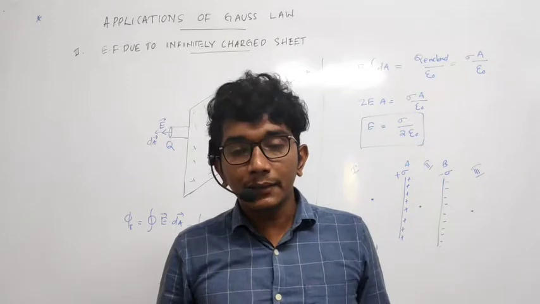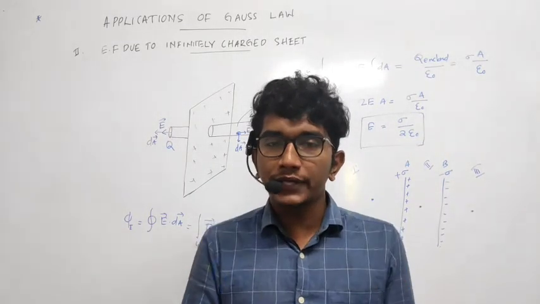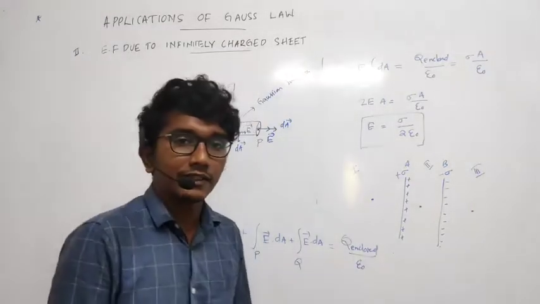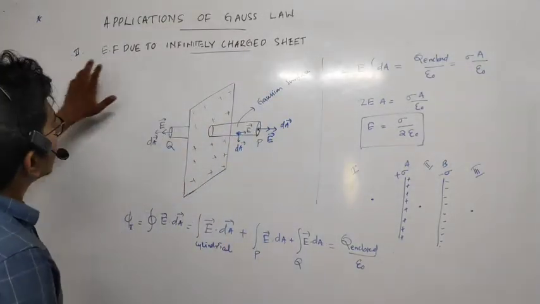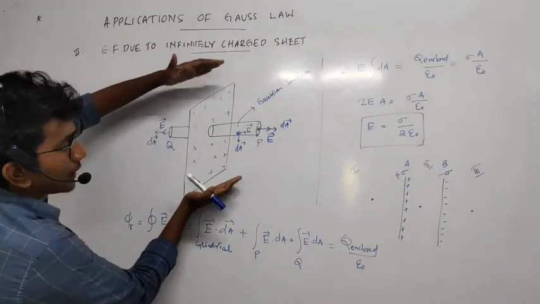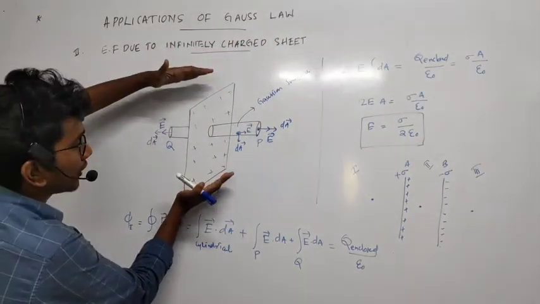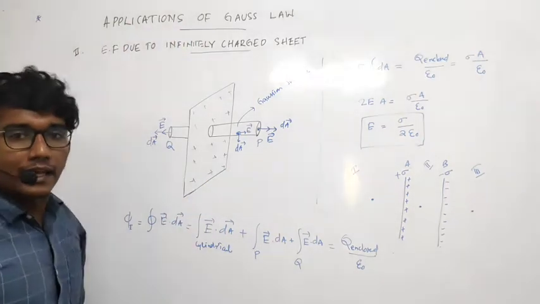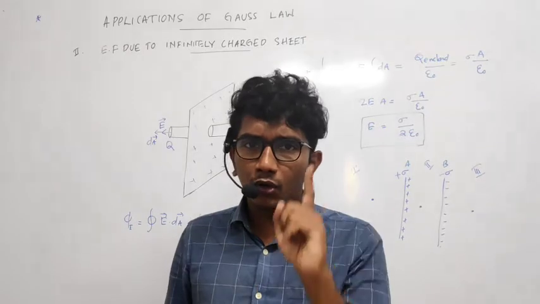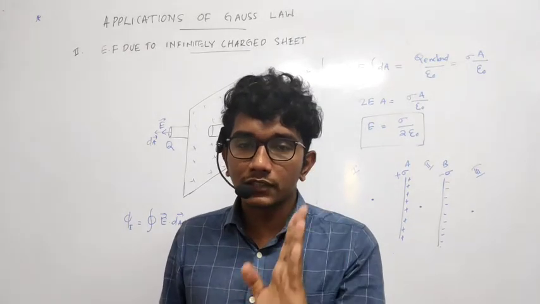Why am I saying this? Because I'll explain the point after discussing this case. Second case, electric field due to an infinitely large sheet. I have given a portion of that sheet, and our first goal is to identify the Gaussian surface.